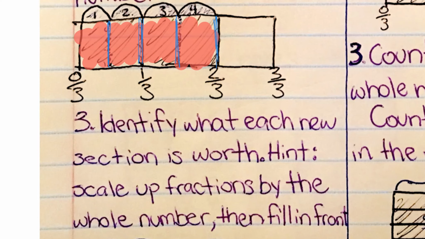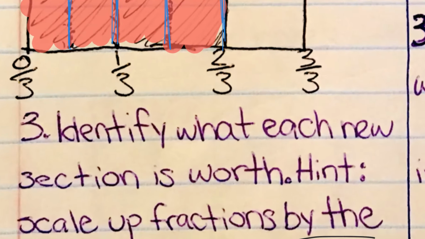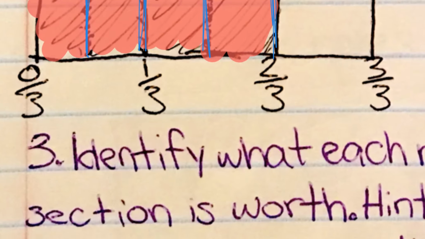Okay, so when it says to scale up the fractions by the whole number, our whole number, if you remember, was 4. We're going to scale these up by 4, and this will help big time. So we'll come in here to our fractions, and we'll scale them up by 4.